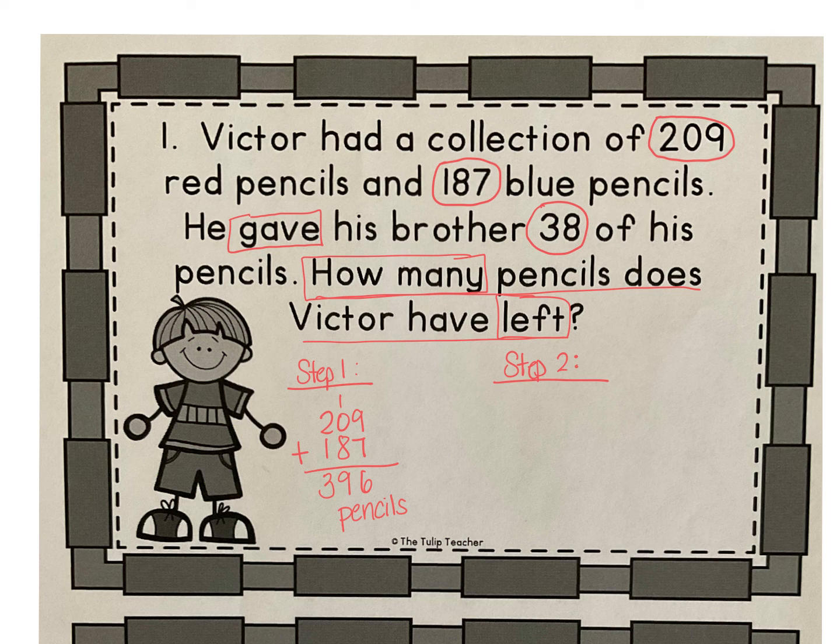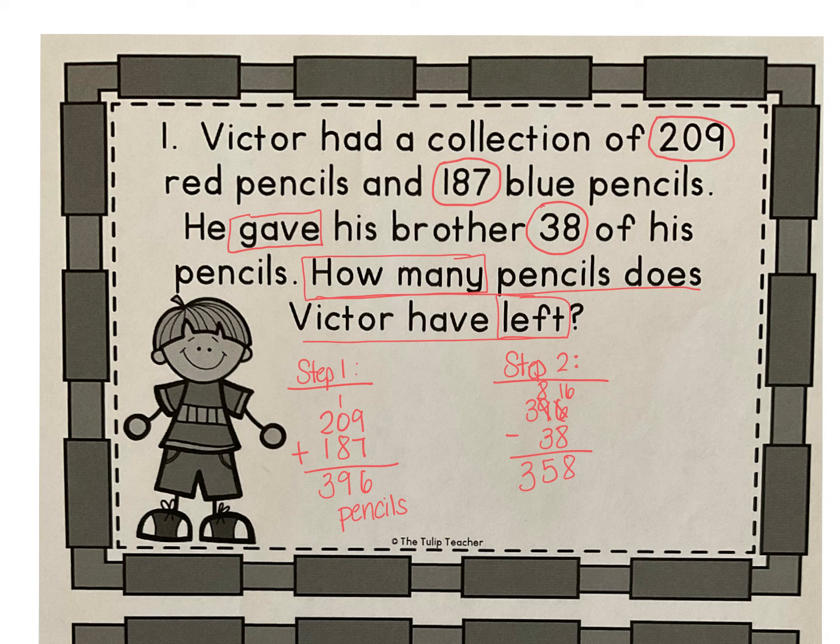So we're going to take the total, 396, and I'm going to subtract 38. I cannot subtract 6 minus 8, so I have to go borrow from the 9. The 9 becomes an 8. The 6 becomes a 16. 16 minus 8 is 8. 8 minus 3 is 5. 3 minus nothing is 3.